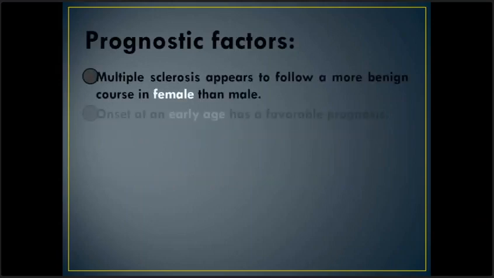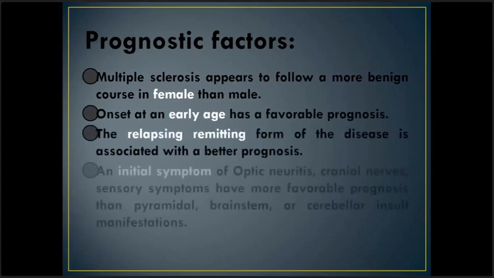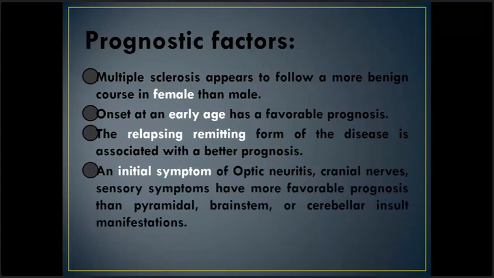The prognostic factors. We have factors that give a good prognosis to patients with multiple sclerosis. In females, the course will usually be benign. Early age is different, because in later age, if the multiple sclerosis started after the age of 40 or 50, which is uncommon, it will be more aggressive.